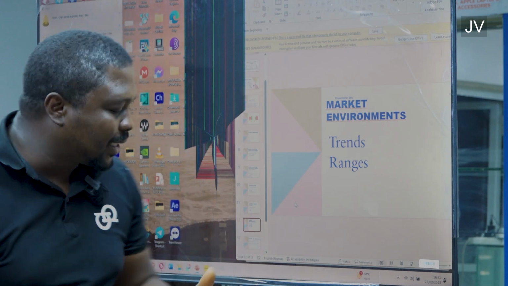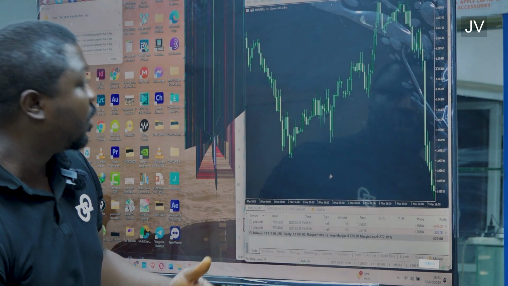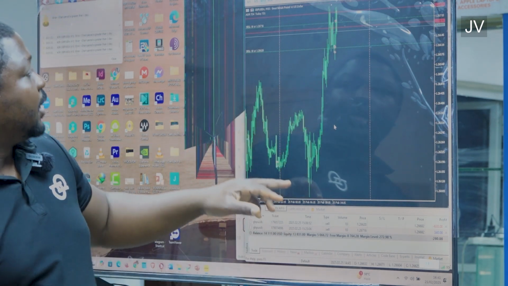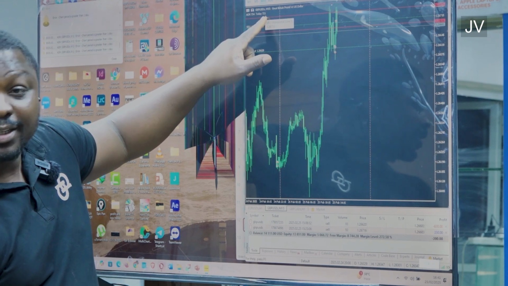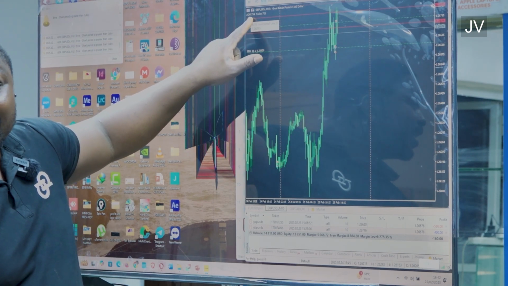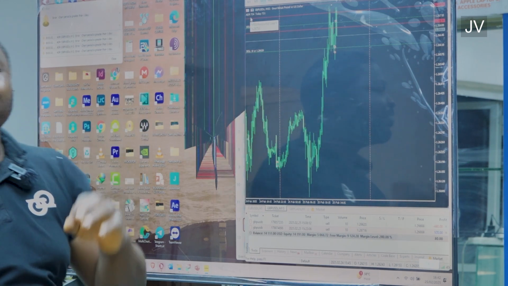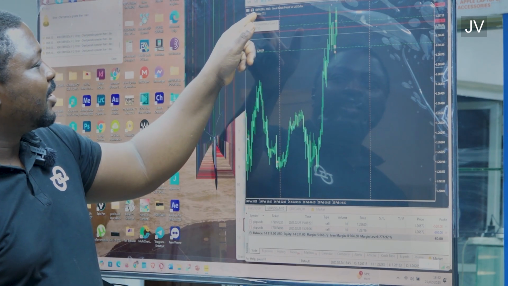Now, let's look at it here. Can you see now? Today, it has moved 72 pips. Average daily range is what? Can you see it? Tell me. That is the point I'm talking about. This is a pipette.